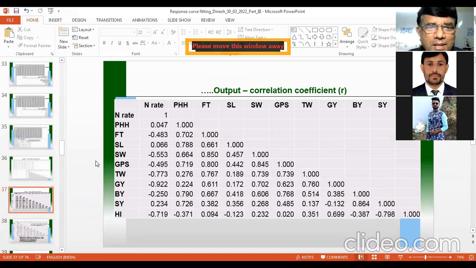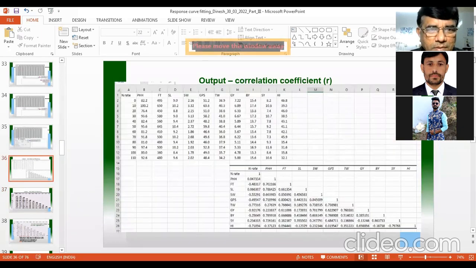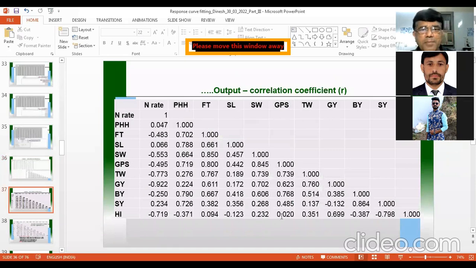And this is another example. This data is from another example. Is it the same? Yeah, it is the same data, 0.483.